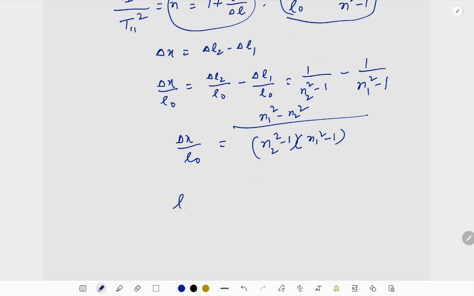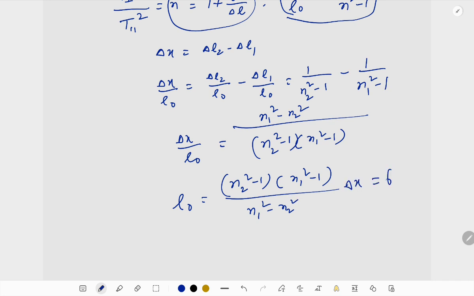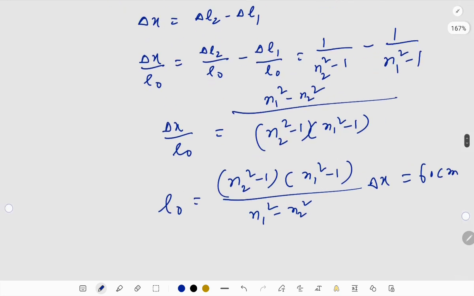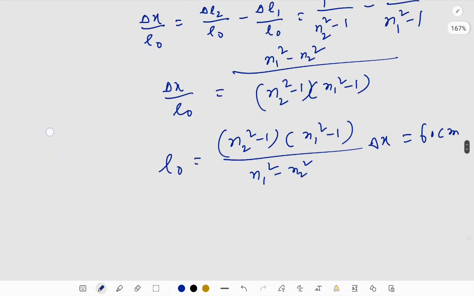So we can get L₀ equal to (n2² minus 1) multiplied by (n1² minus 1) divided by (n1² minus n2²) multiplied by Δx, and you will get something like 60 centimeter or like this.